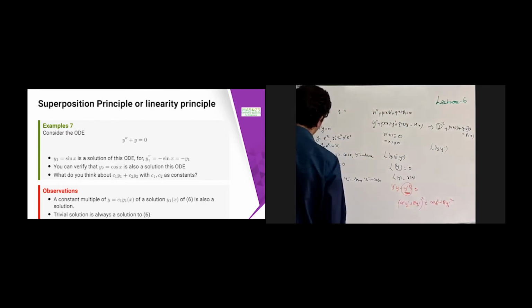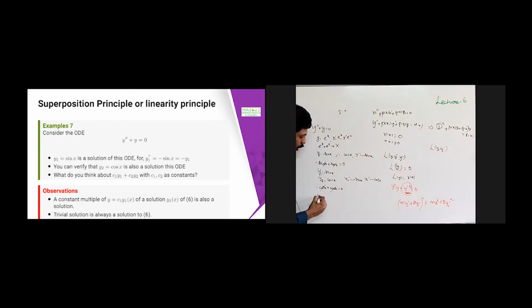Now instead of that, suppose I try something different. Let's take y equal to 2 sin x. Then y dash is 2 cos x, and y double dash is minus 2 sin x. If I substitute it here, minus 2 sin x plus 2 sin x gets cancelled.